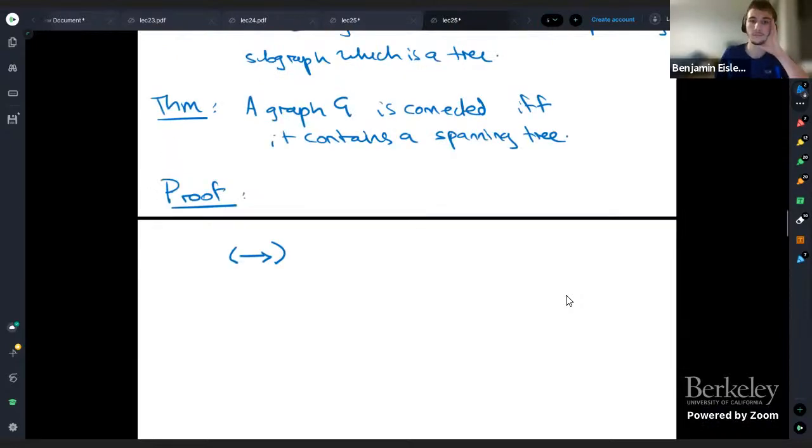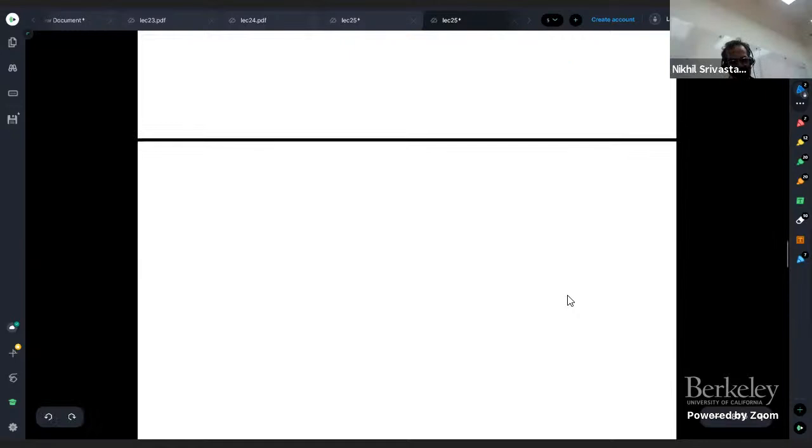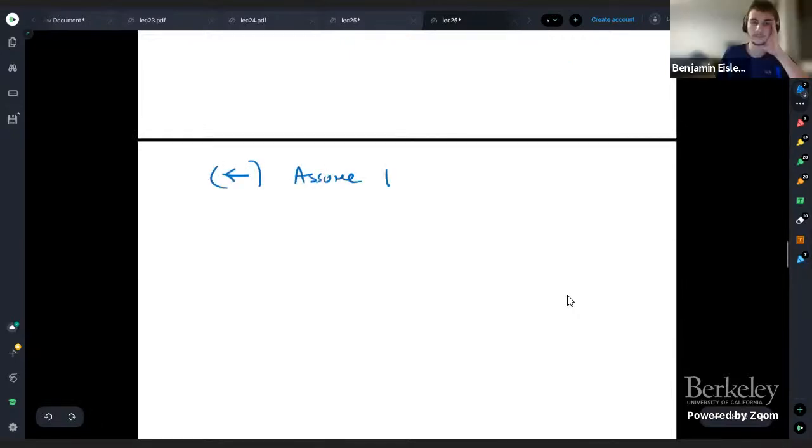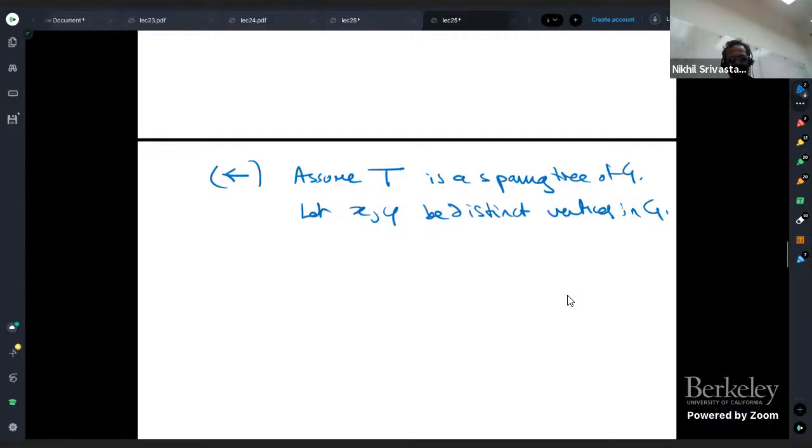You're saying if the graph has a spanning tree, then it's connected. So since you've said it, let's just write it here. Assume T is a spanning tree of G, and now let X and Y be distinct vertices in G. Since T is spanning and T is connected, there's a unique path between X and Y in T, right?